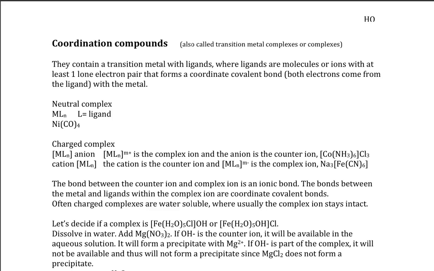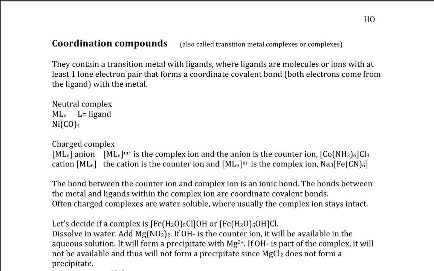We can have neutral complexes, neutral compounds, and we could symbolize one of these as MLn, where M is the transition metal and L is the ligand, and the little n represents how many ligands are attached to the transition metal. An example of a neutral complex is Ni(CO)4. So Ni is the transition metal, CO is the ligand, and there's 4 of them.